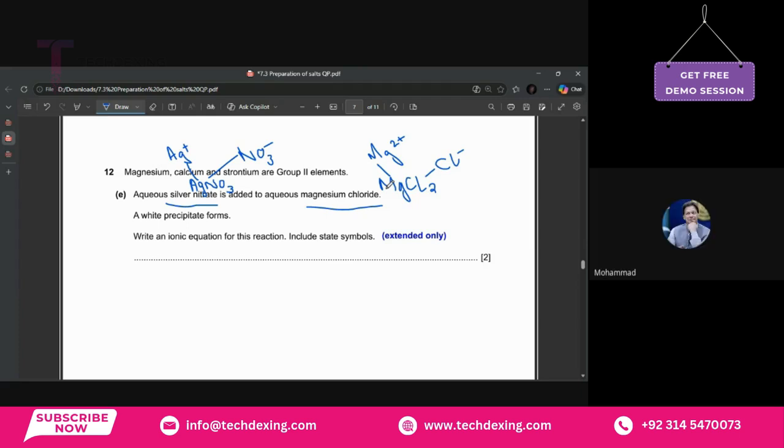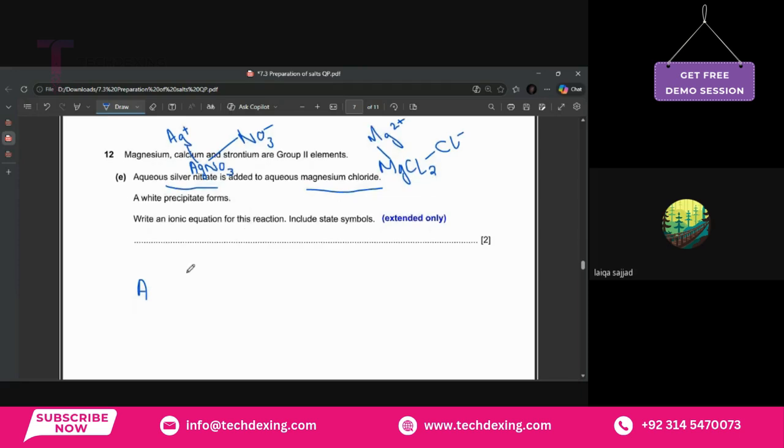Tell me the formula for the other product. We will be left with magnesium and nitrate ions, right? So they will obviously give you the second product as well.